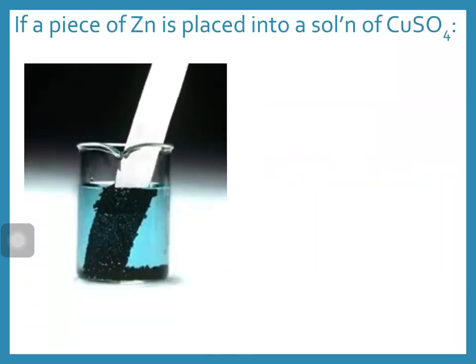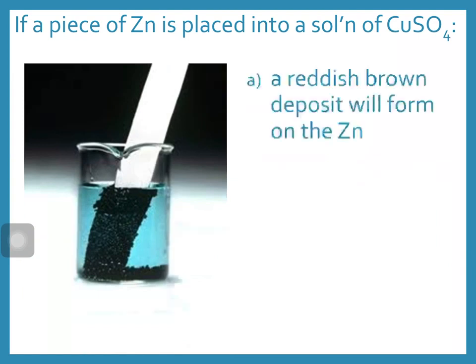Okay, so we saw this in the last lesson where zinc is placed into a solution of copper sulfate. The different things that happen when we do that is a reddish brown deposit is going to form over top of the zinc. Now this doesn't look reddish brown here in this photograph, but there would be copper ions from the copper sulfate that would come over here to deposit on the zinc strip there.